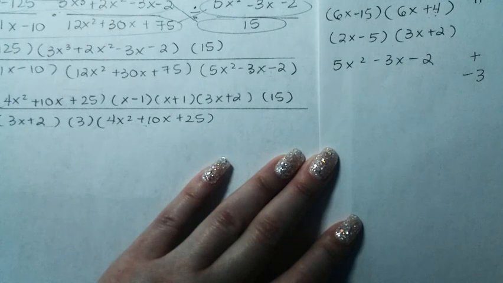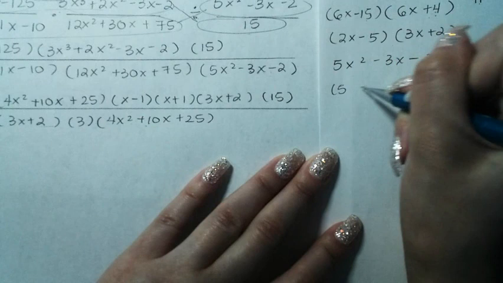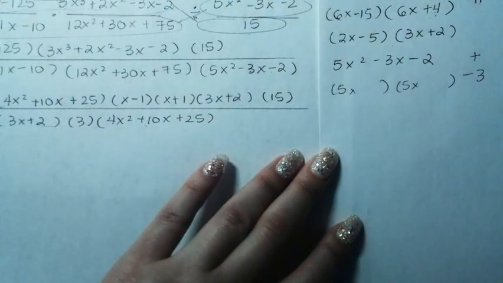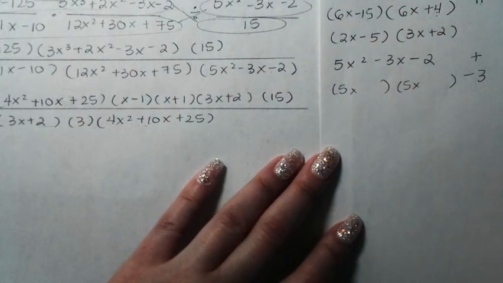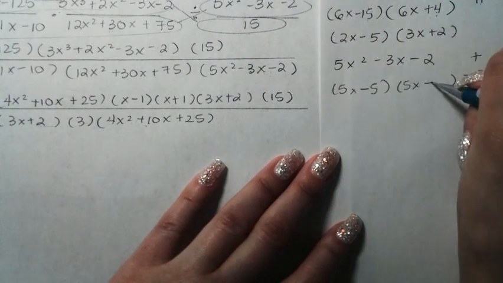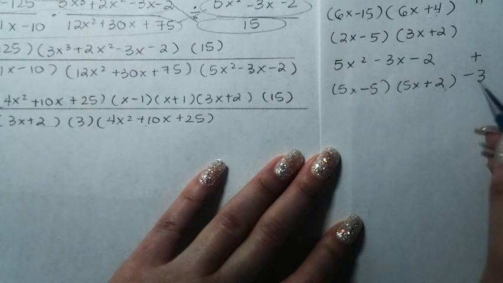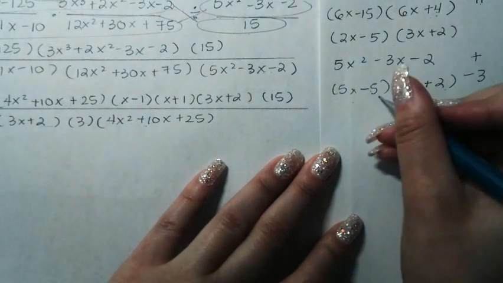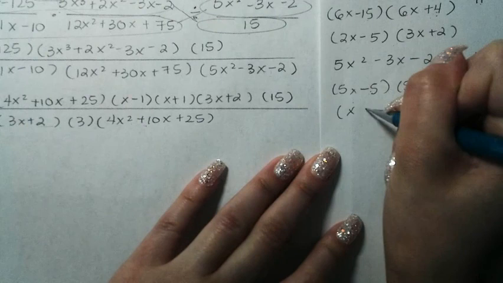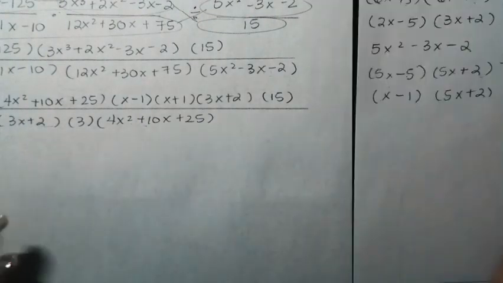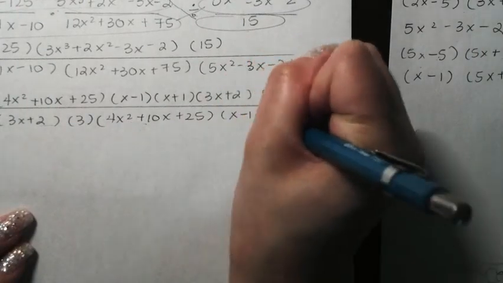You need the 5 here, the 5 here, so that's going to be x minus 5, x plus 2, because when I multiply them they give me this one, and when I add them they give me negative 3. Clearly I can simplify it, divide it by 5, so you have x minus 1, and this one I cannot do anything, so I leave it like that. And I replace my situation here.